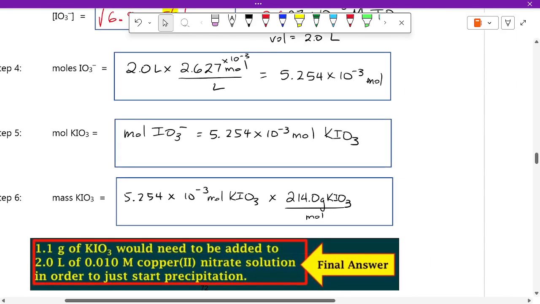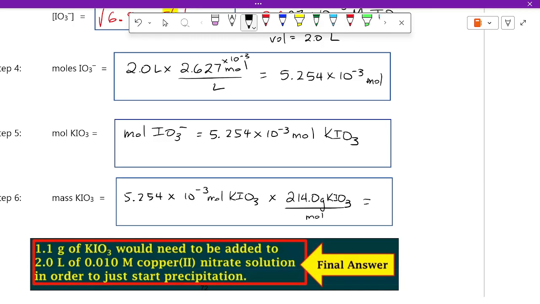And then we get, as our final answer, 5.254 times 10 to the minus 3. What have I done? No. You're multiplying this, right? I forgot to actually multiply it. I forgot to press equals.